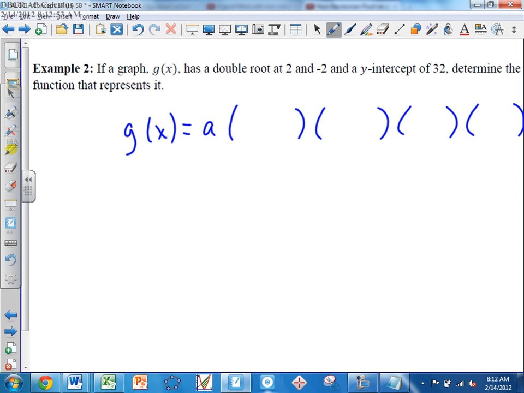So start with 4 parentheses. You have a double root at 2 and a double root at -2. I kind of made this too easy for you. But the double root at 2 would indicate you have 2 roots at 2. And the double root at -2, I'll use green to show the difference, would look like this as factors. And I know it doesn't matter in this case because you happen to have negative and positive.